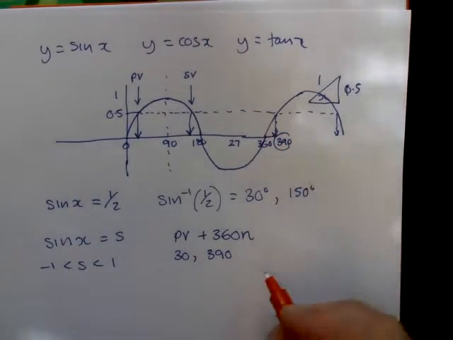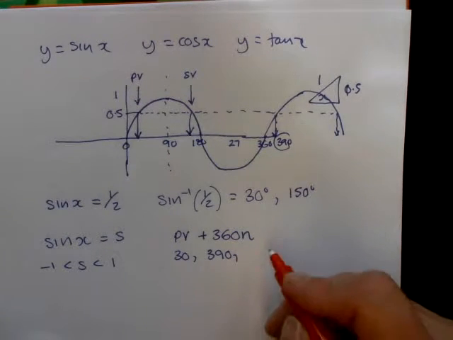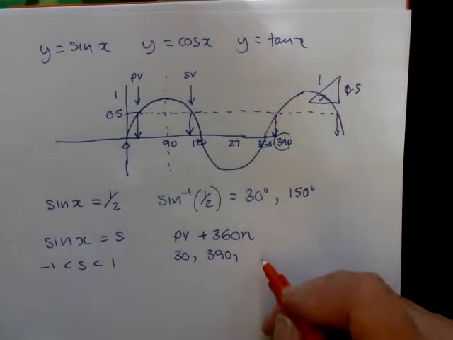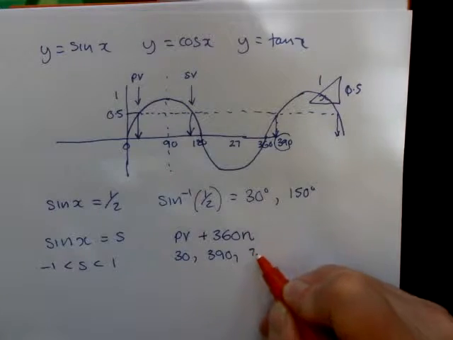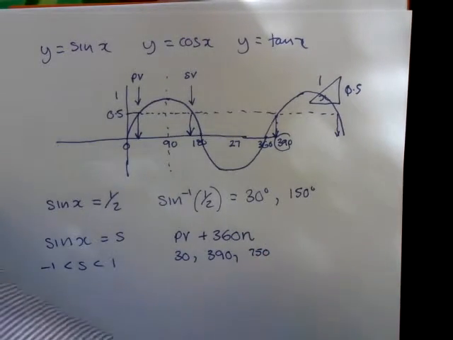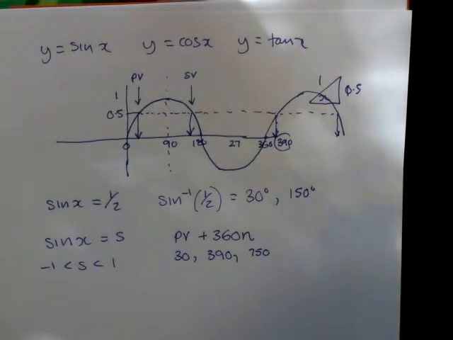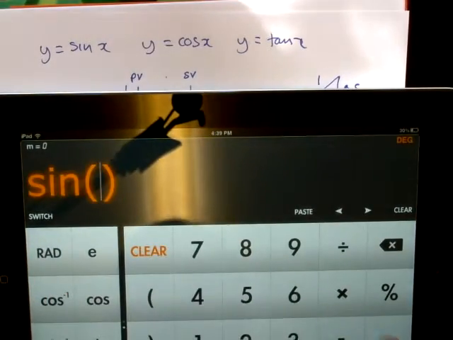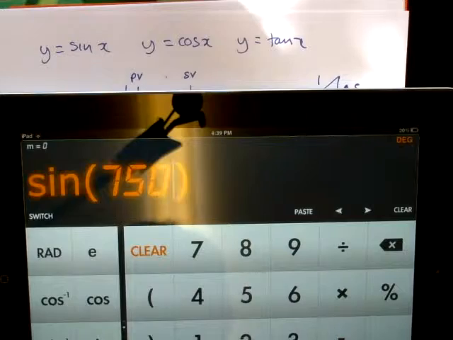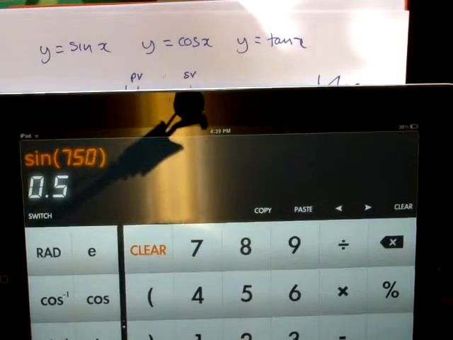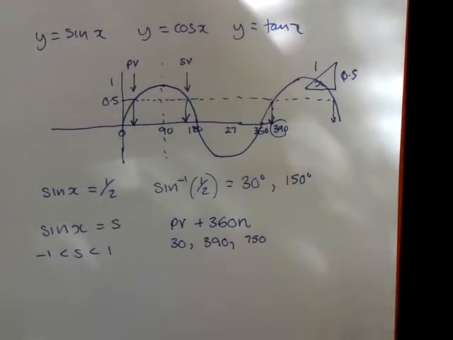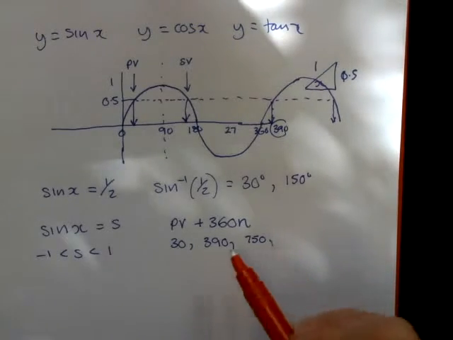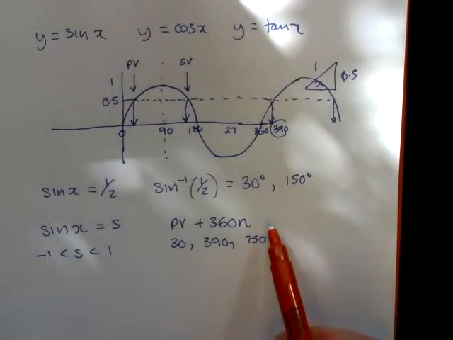Now, if I add on another 360, so that would be 30 plus 720, I'll get 750 degrees. So again, I'll simply show you on my calculator. If we do sine 750, we get a half. So this first part is giving me half of all the solutions possible.